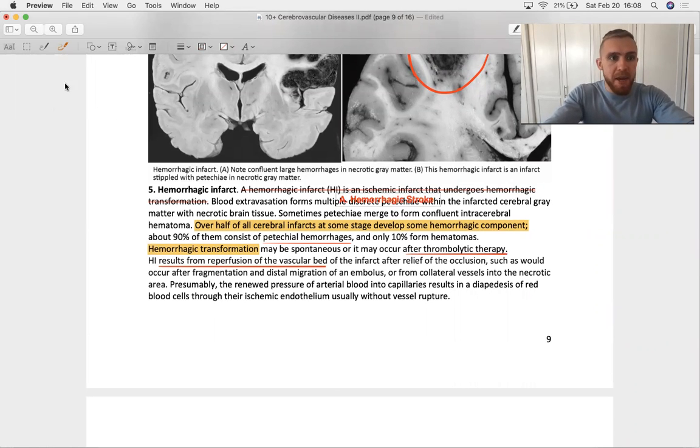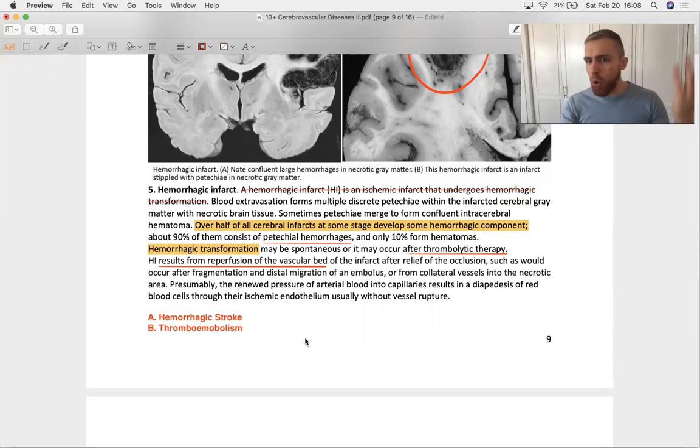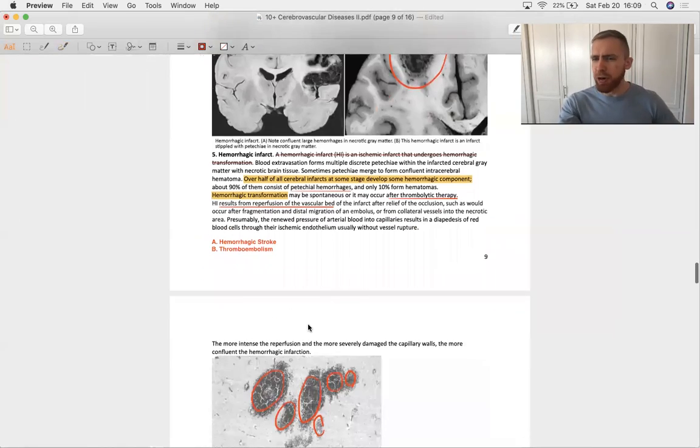And then B is going to be something like thromboembolism. And so you might be thinking, oh, this is a red infarction. It had to be hemorrhagic, but no. Because of this reperfusion phenomenon, this transformative phenomenon, the mechanism of the stroke was thromboembolism, but it turned into a red infarct. So that's how the question gets asked, and you're going to get it right now.